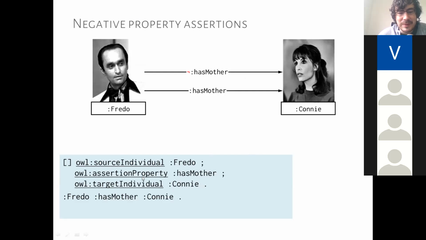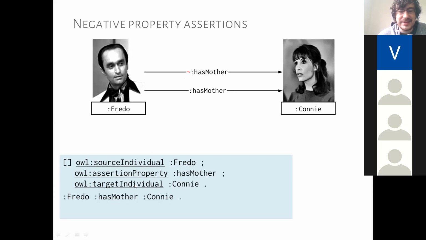The way we represent negation in OWL is a bit ugly, because we have to represent the full triple and negate it. So we need to use an n-ary relation, a blank node with source individual Fredo, assertion property has mother, target individual Connie. And we can also type this as a negative property assertion, but it's not necessary.